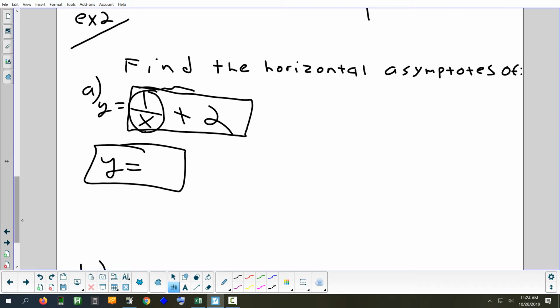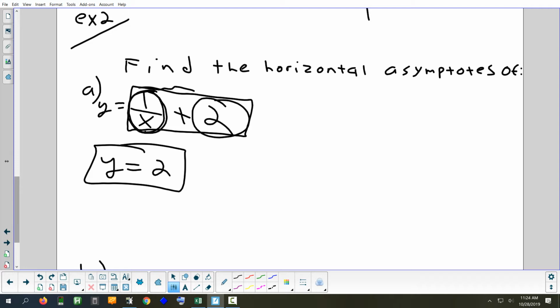But if you take 1 divided by like a trillion, it's like 0.0000000000001. Very small. So you're taking a number that's extremely close to 0 and adding 2 to it. So basically, you're going to get an answer that's extremely close to what? Yeah? 2. That's your horizontal asymptote.